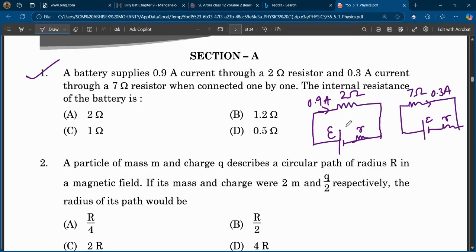So this equation, if you see, it is E minus 0.9 into 2, that is minus 1.8, minus, current is coming like this, 0.9 into small r, is equal to 0. Kirchhoff's law. Again, this one also: E minus 2.1, minus 0.3 current into resistance r is equal to 0.